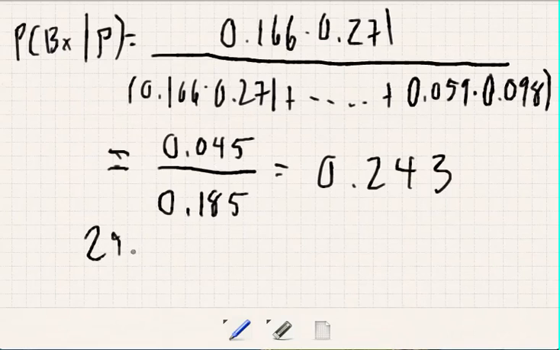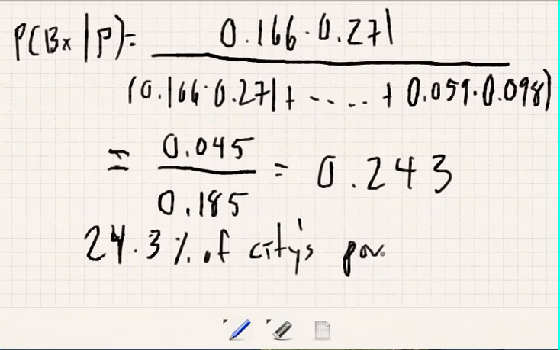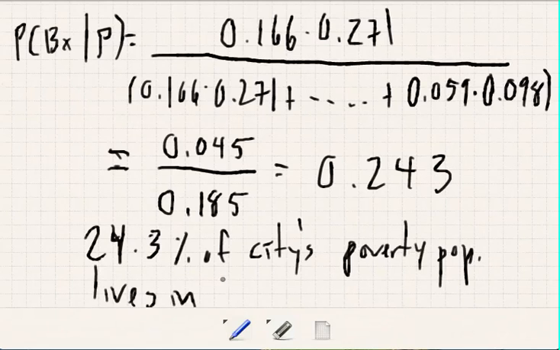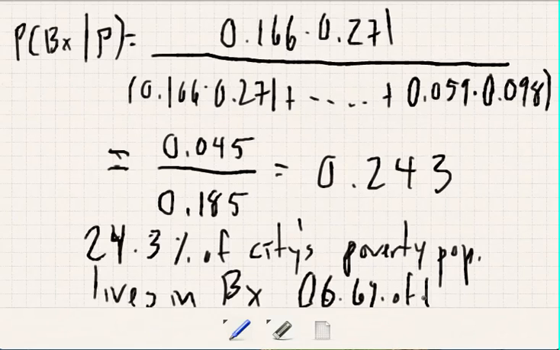So 24.3% of the city's poverty population lives in the Bronx. And compare this to the fact that only 16.6% of the total population lives there.